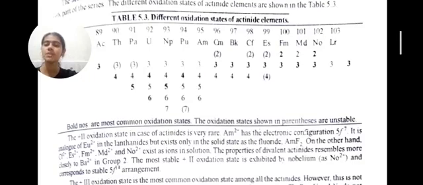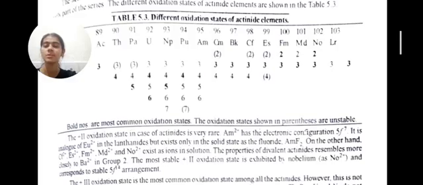Americium 2+ has the electron configuration 5f7. It is an analog of europium 2+ in the lanthanides but exists only in the solid state as the fluoride, AmF2. On the other hand, all the ions exist as M3+ ions in solution.